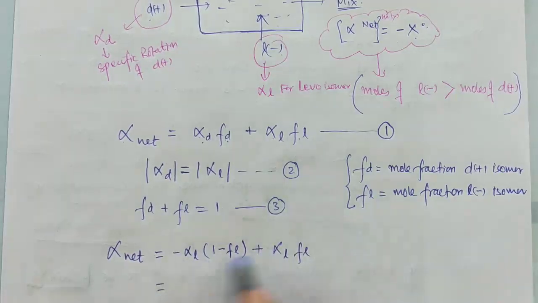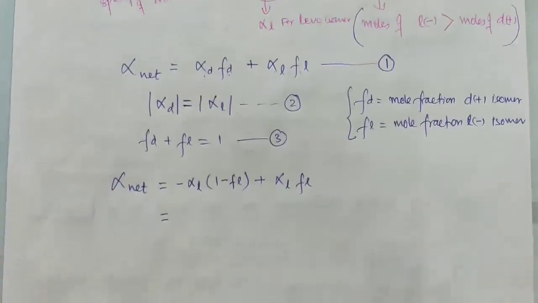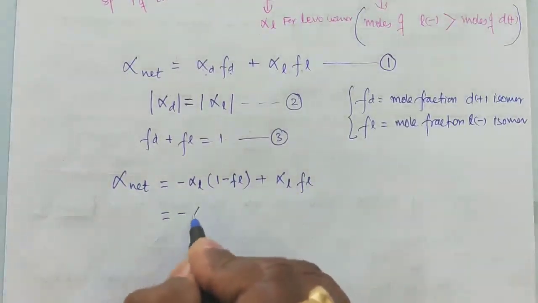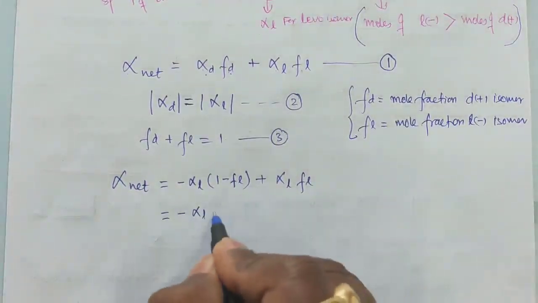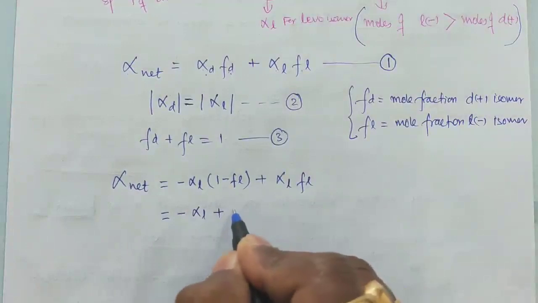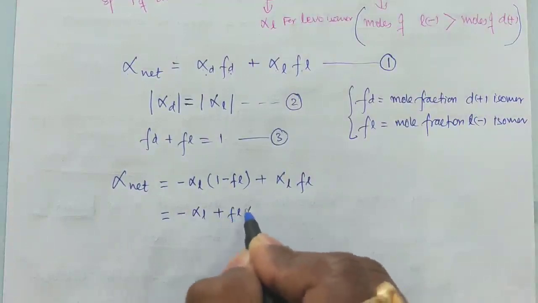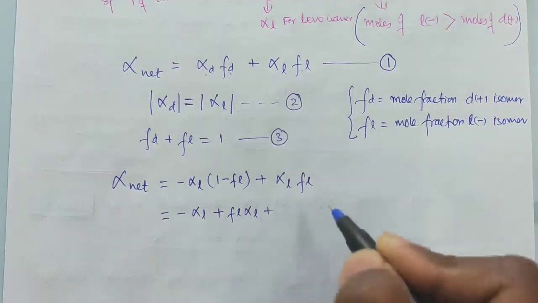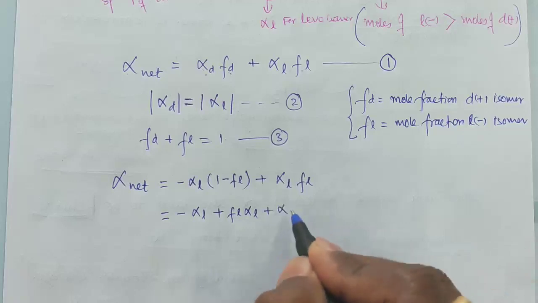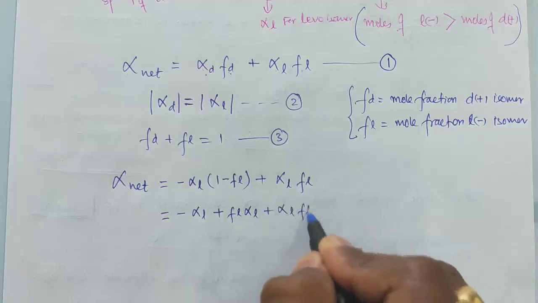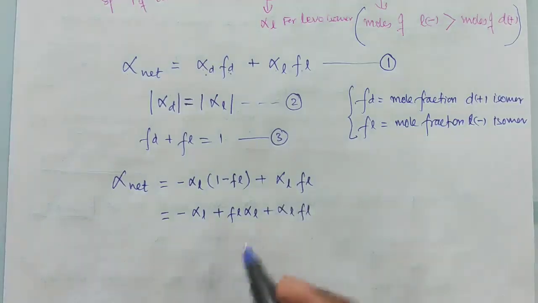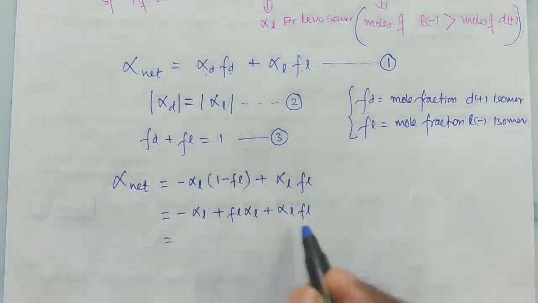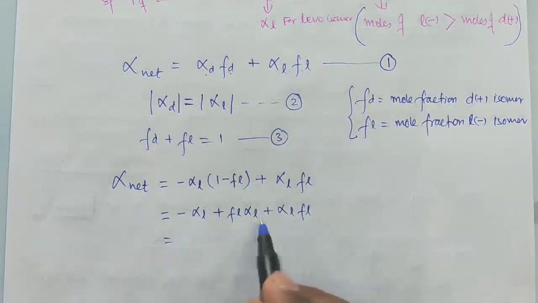So this is equal to, opening the bracket, minus alpha L plus FL alpha L plus alpha L FL, right? What common can we take from here?